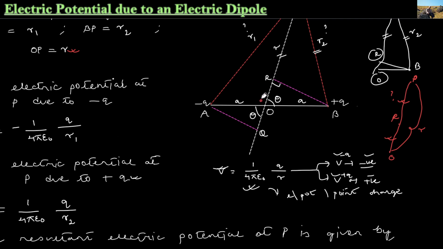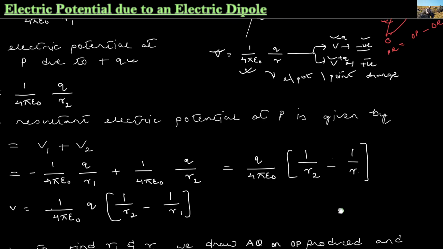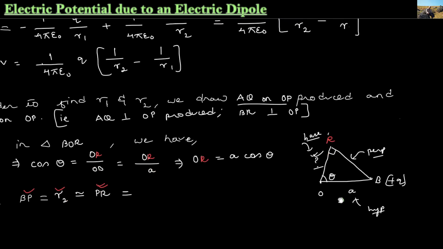So PR will be equal to OP minus OR. So we will write that expression over here. So what is PR?